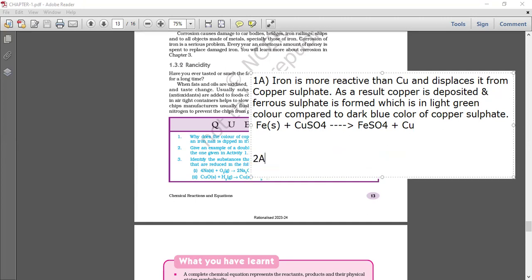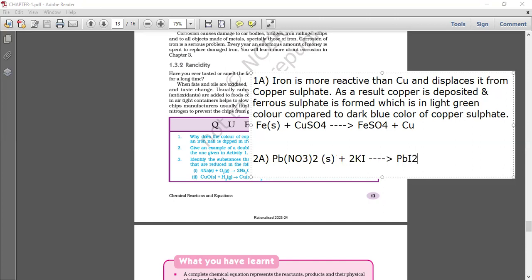And the second question is asking to write the equation for a double displacement reaction. You may write lead nitrate, Pb(NO3)2, in solid state, plus potassium iodide. I am writing the balanced equation, which I have already explained and which is given in your textbook as well. What does it form?